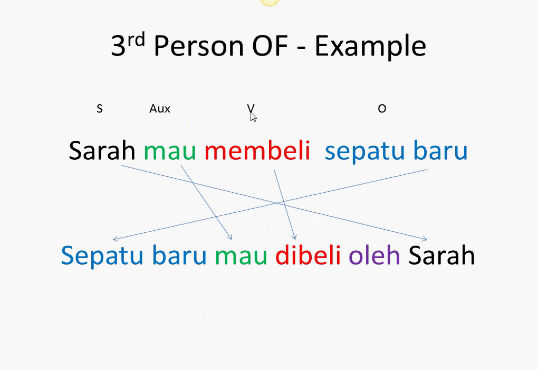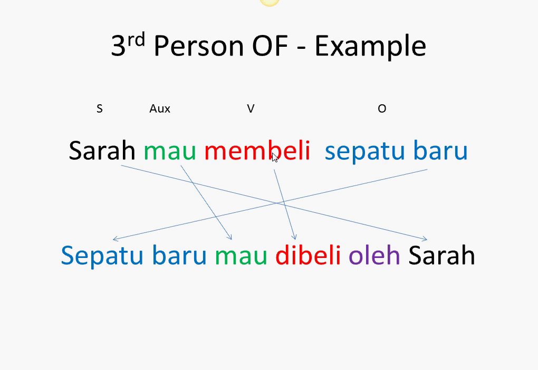Okay, so here's our first worked example. Pretty simple sentence. So it's Sarah mau membeli sepatu baru. So Sarah wants to buy new shoes. Now we're going to change this from a subject focused sentence to an object focused sentence. So you can see the object sepatu baru has been moved to the front. Okay, the auxiliary has stayed where it was, like the rule says.